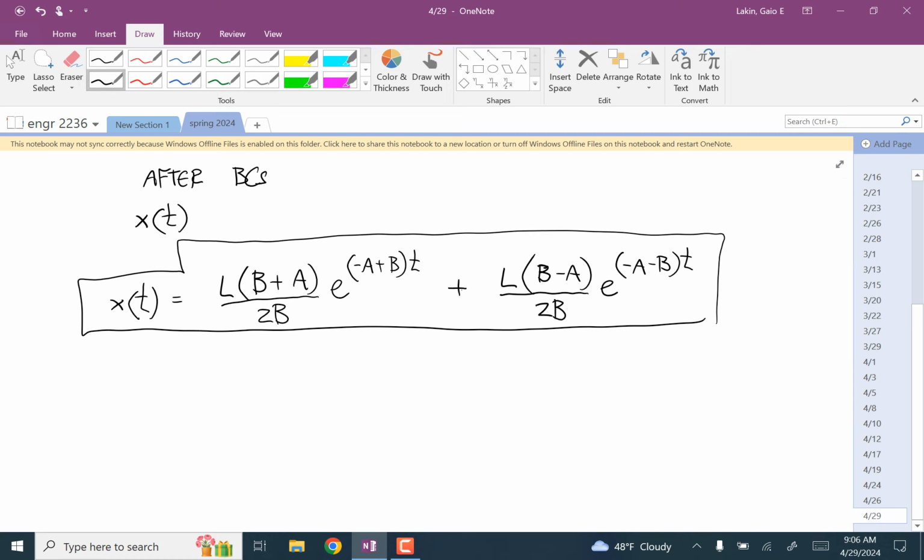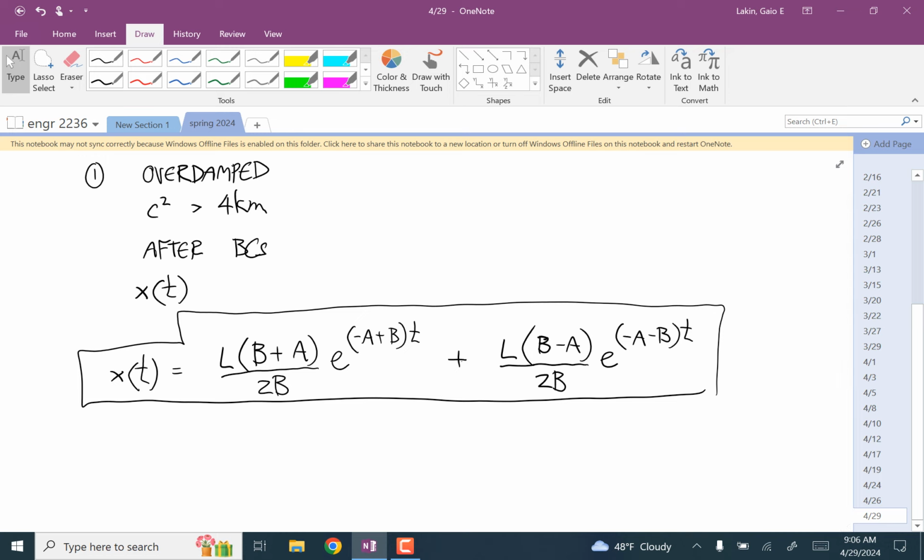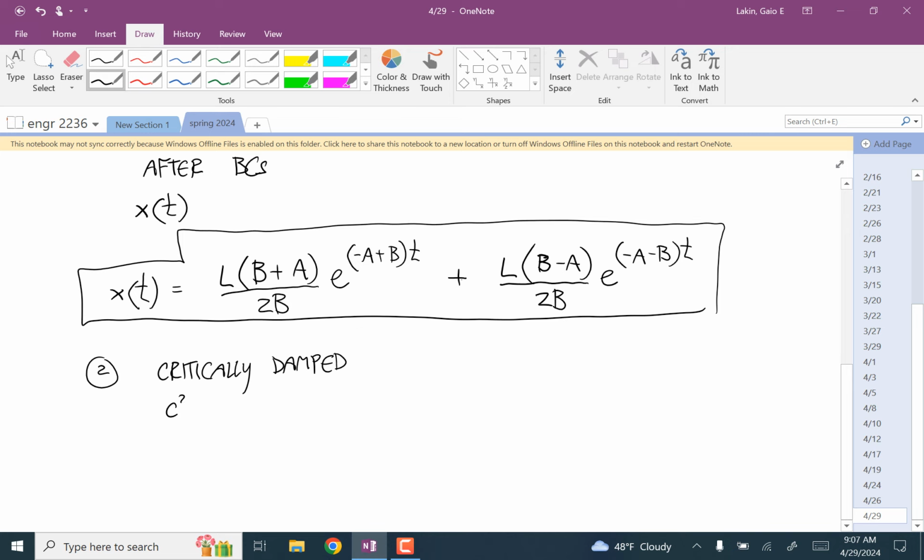Then the second case is the transition case. This is the one that's most useful for control systems when you're trying to develop damping to remove oscillations. This is the case where c squared is equal to 4km. And we got two repeated roots here.